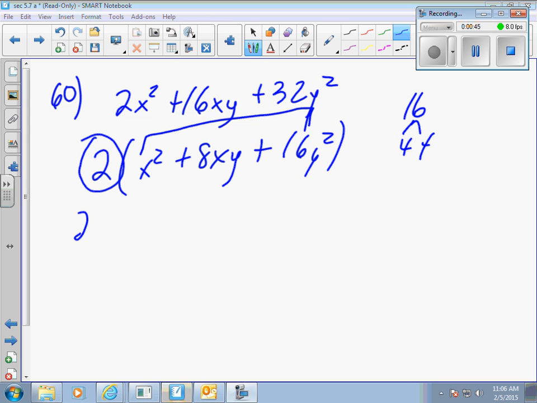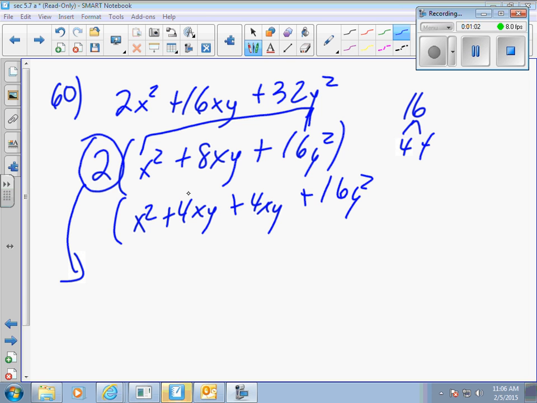So now, since I circled my 2, I'm going to remember to bring that down. I'm going to replace my middle terms with 4xy and 4xy. Notice that if there's an xy in the middle term, it has to be xy's that I change it into. So then we're going to group the first 2 together and group the second 2 together.